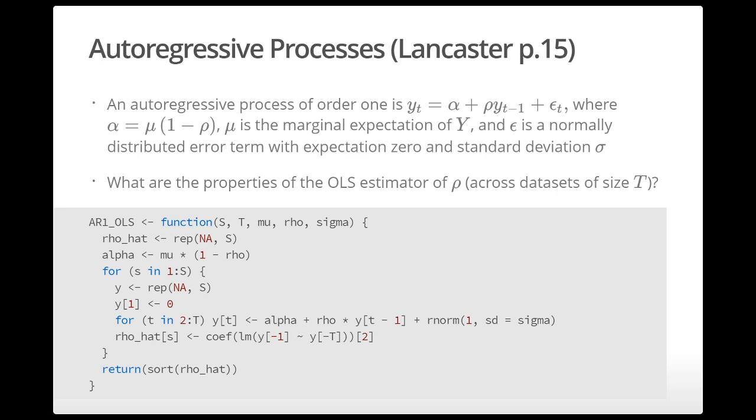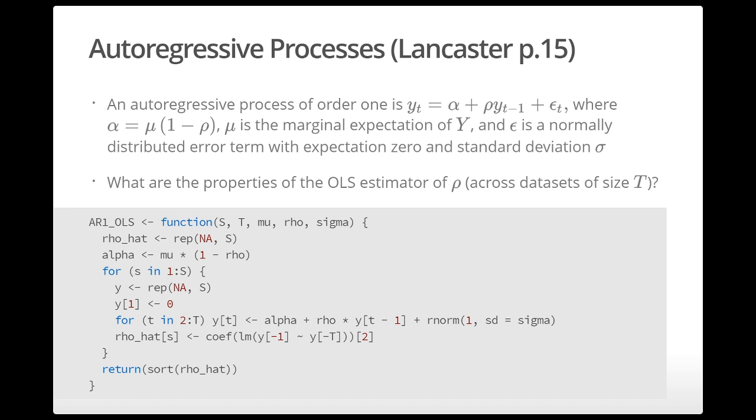First, S, the number of simulations we want to do, is some large integer. And then these other things, t, mu, rho, sigma, are all scalars that you have to pass from the outside to this function. We're going to do everything conditional on those 4 values that you choose.